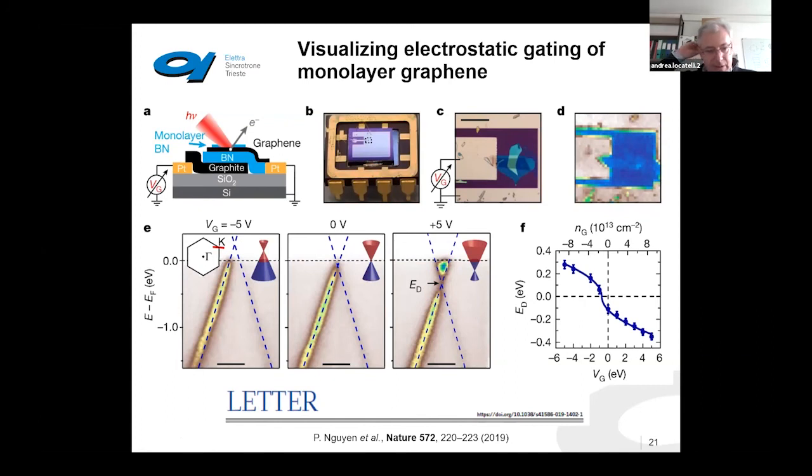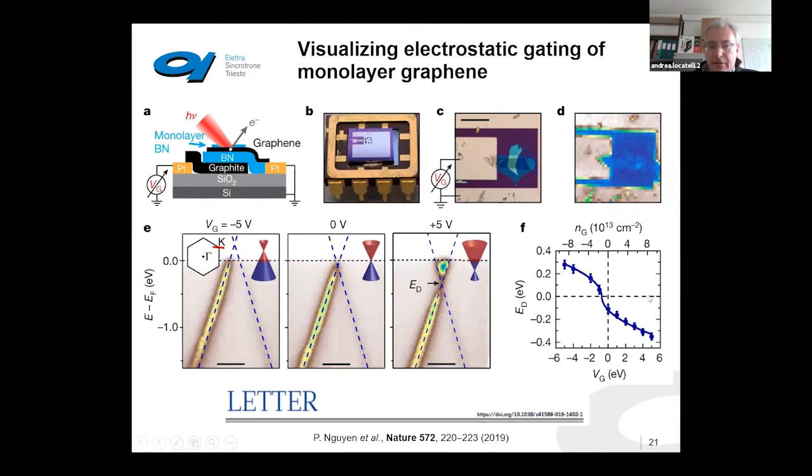At zero voltage, this is the normal pi band of the graphene. But if you inject or remove charge, then you can actually see the electronic structure of the system in different conditions.